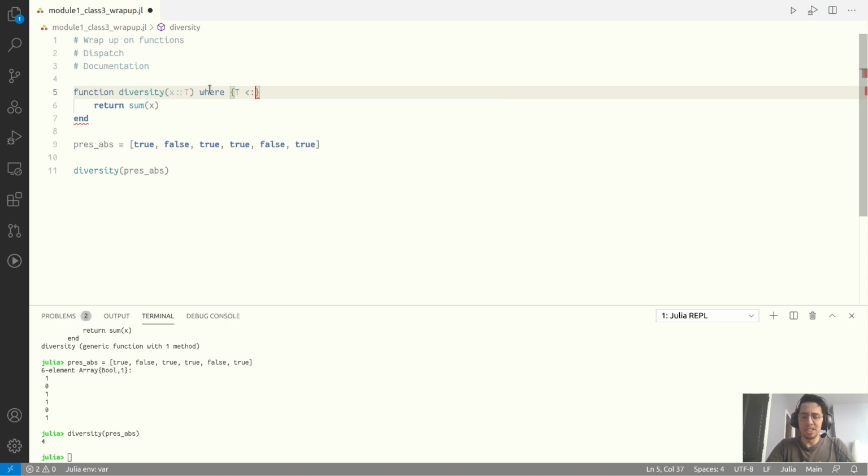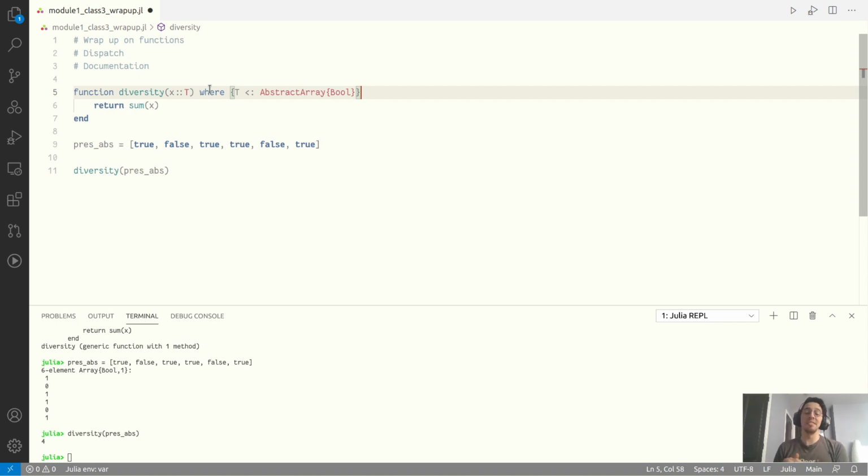And we say t is going to belong to something. The thing it's going to belong to here is an abstract array of Boolean values. So why abstract arrays of Boolean values?